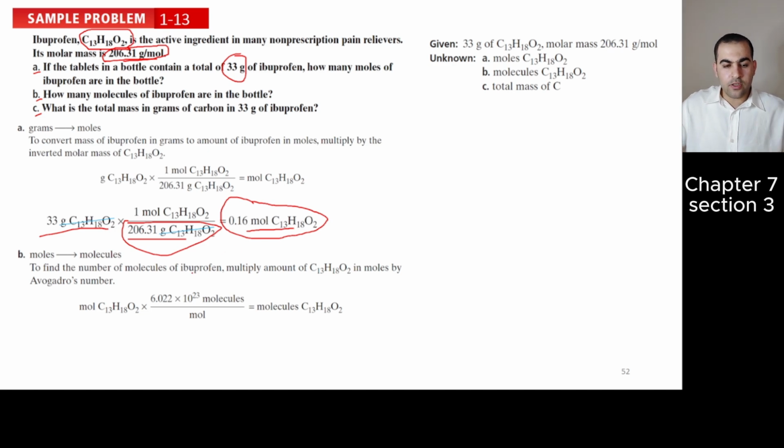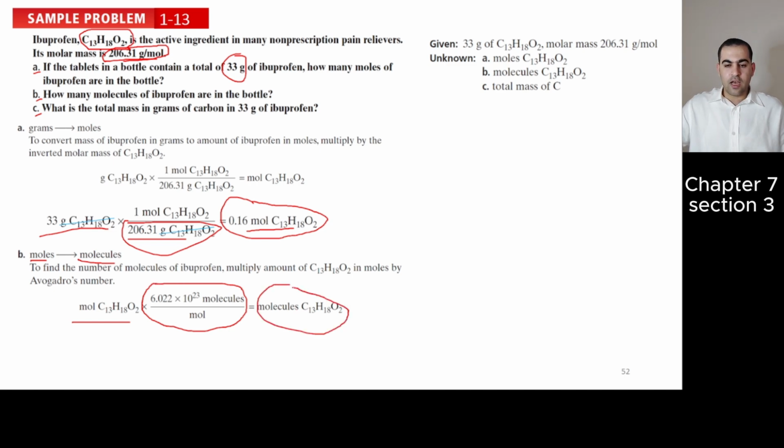So we change mole to molecules. How do we change mole to molecules? Okay, so mole is given. Mole times Avogadro's number, you get the number of molecules. Okay, we have the rule. So mole of ibuprofen multiplied by Avogadro's number, you get the molecules of ibuprofen.